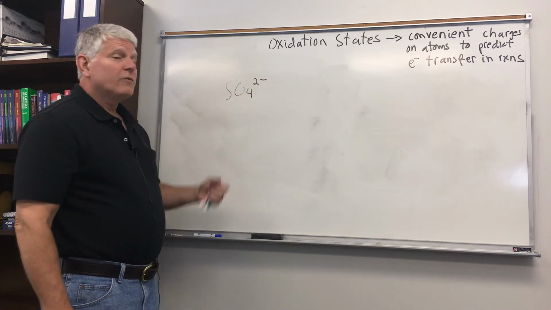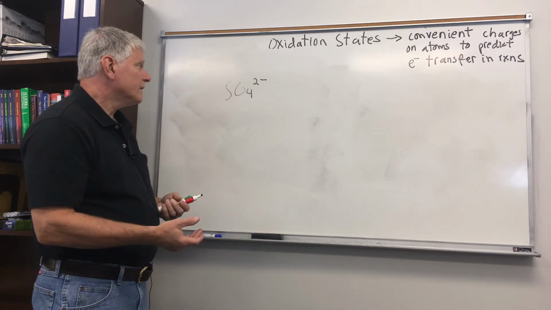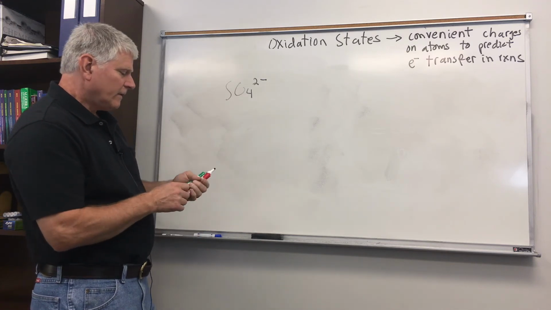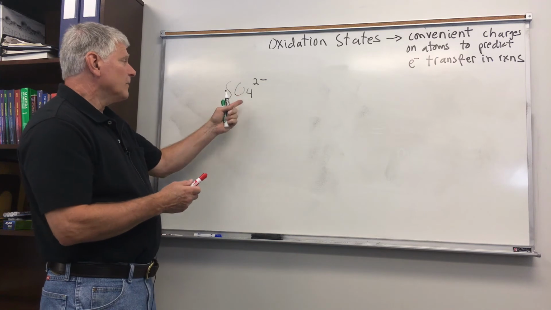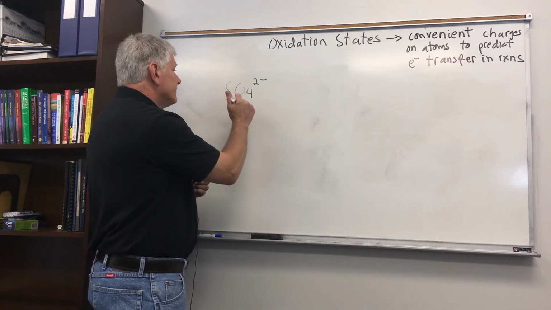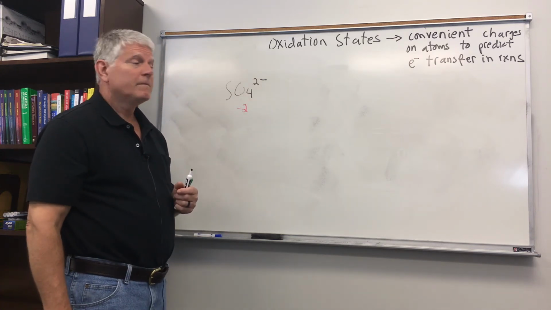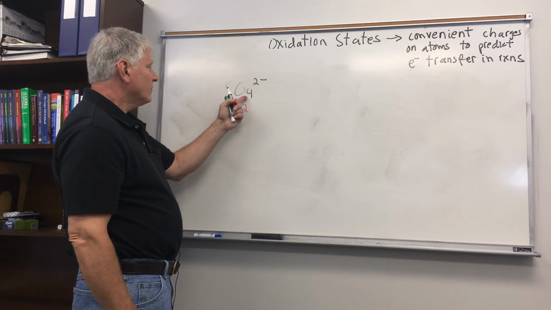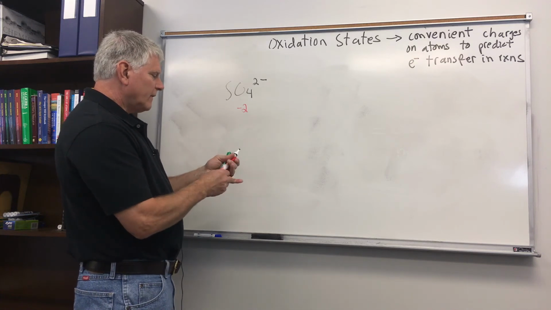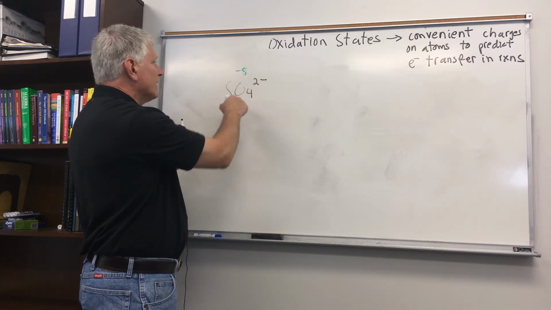Let's look at another example. Let's look at the sulfate ion. In this case, we don't have any hydrogens, no halogens. So the first atom we get to assign an oxidation state is oxygen, and by default we'll assign oxygen -2, and so we have 4 oxygens, so that means that we have a total of -8 for all the oxygen atoms.